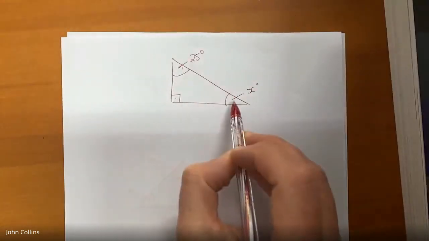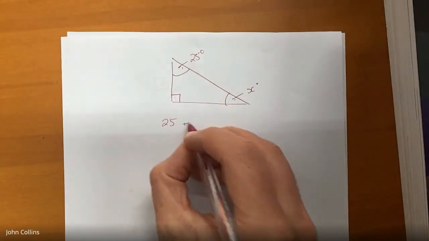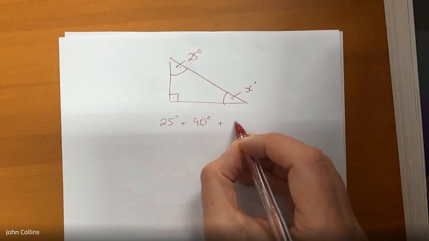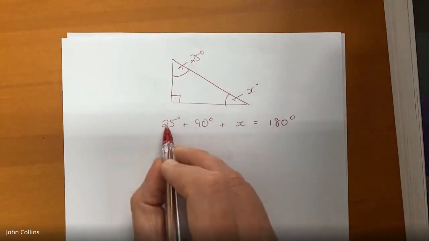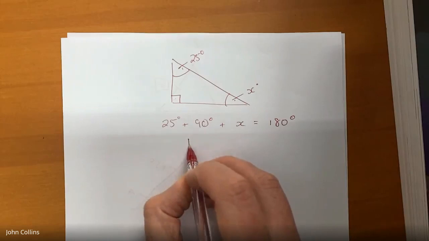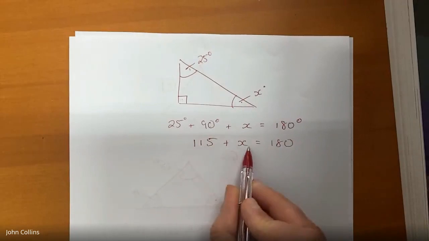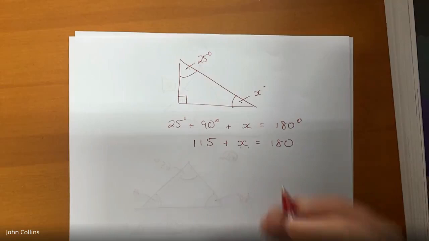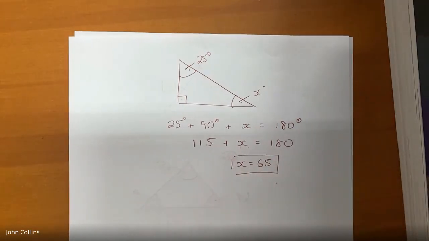So this plus this plus this has to equal 180. 25 plus 90 degrees, right angle, plus x equals 180 degrees. If you want to do some algebra, you can. This plus this, 115 plus something equals 180. You can subtract 115. But I think a lot of you can do it in your head. It has to be 65. First person to get 65.